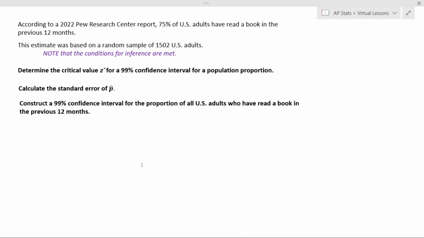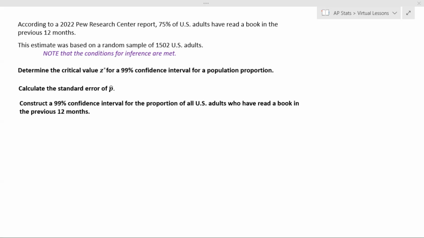So we want to determine the critical value z star for a 99% confidence interval for a population proportion. There are basically two ways we could do this. We could use Table A, or we could use technology. I'll show you how to do both.